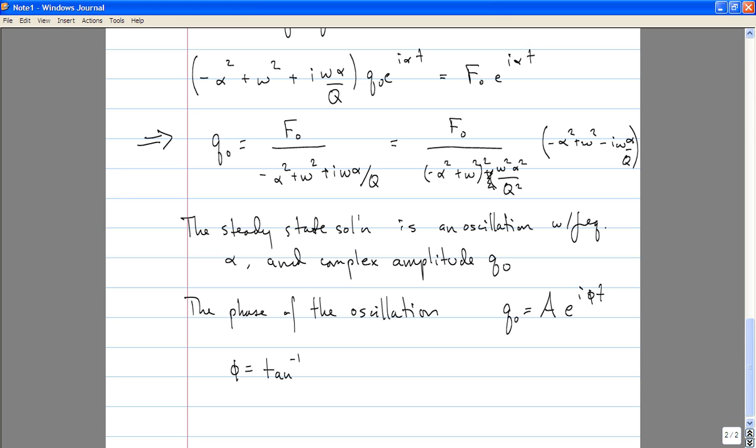So that is alpha omega over Q times omega squared minus alpha squared.